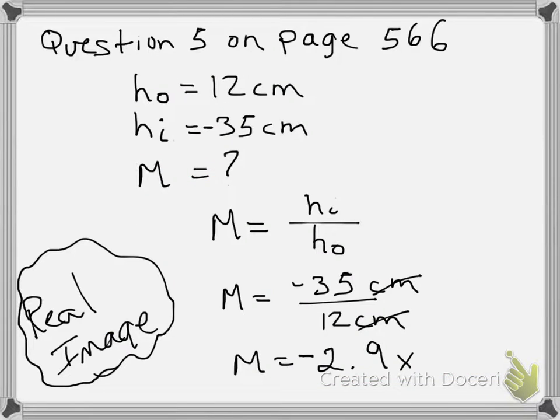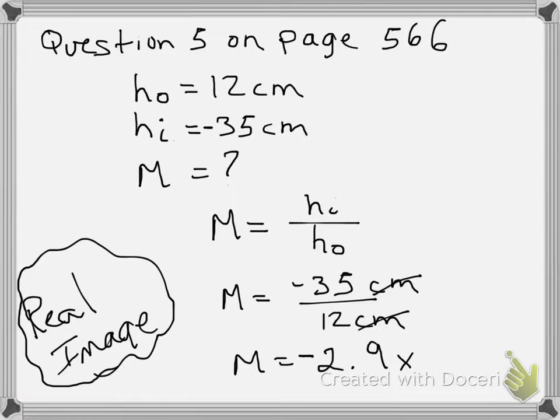So, if you look at question 5 on page 566, I would stop, read the question just to get the information down, and see where I'm getting my negatives and positives from. Number 5: a vase of a height of 12 centimeters is placed in front of a converging lens. An inverted image of height 35 centimeters is noticed on the other side of the lens.